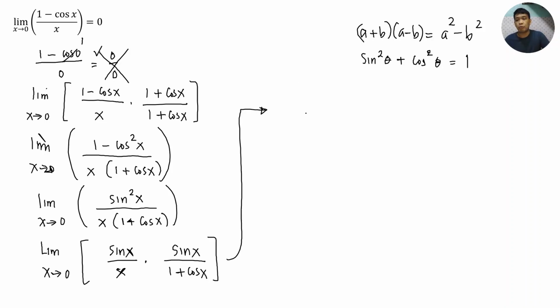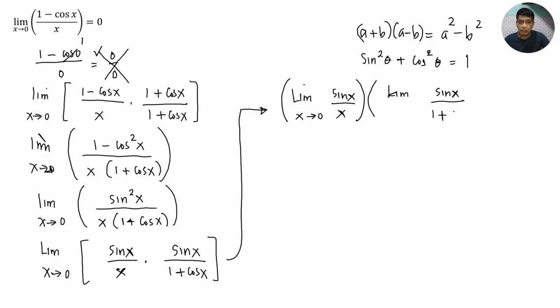Using the limit of a product, we get the limit of sine x over x as x approaches 0 multiplied by the limit of sine x all over 1 plus cosine of x as x approaches 0.